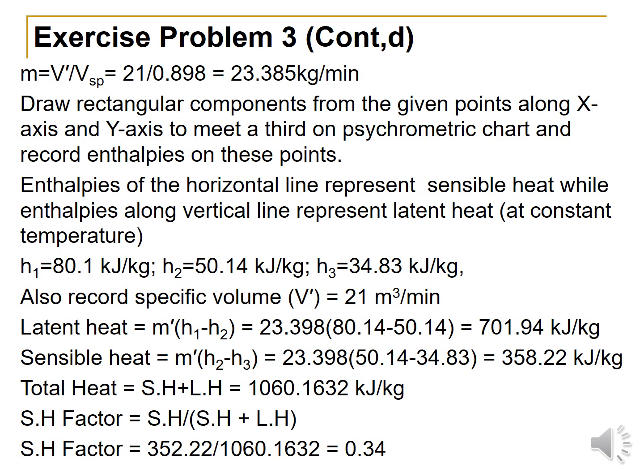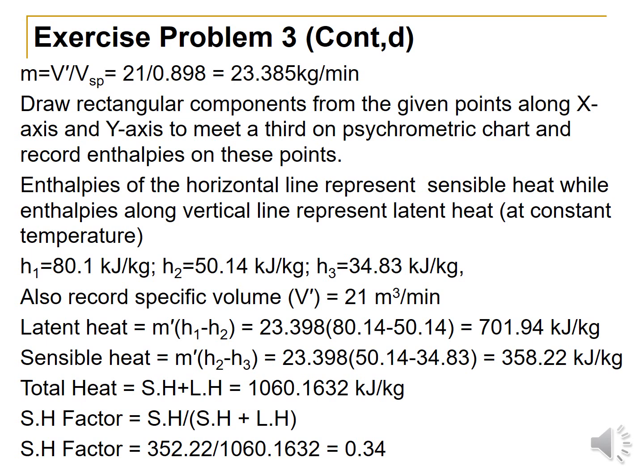Enthalpies of the horizontal line represent sensible heat, while enthalpies along the vertical line represent latent heat at constant temperature. So H1 was found to be 80.1 kilojoules per kg, H2 50.14 kilojoules per kg, and H3 is found to be 34.83 kilojoules per kg.